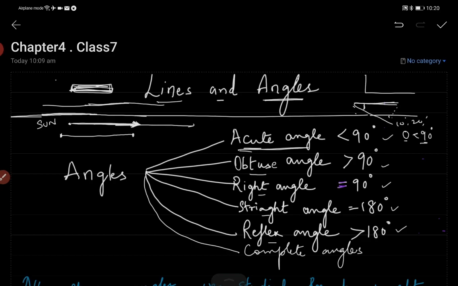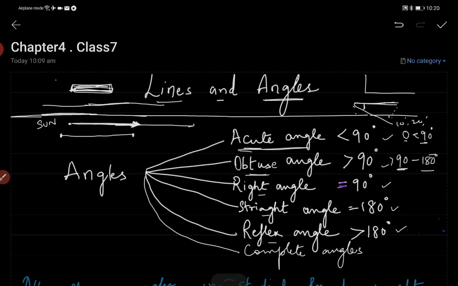If the angle formed is greater than 90 degrees and less than 180 degrees, the angles between 90 and 180 are all obtuse angles, like 92, 95, 179.